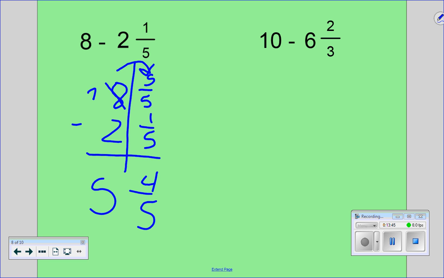The improper fraction way you could do, but there's quite a few steps to it because one of them doesn't even have a fraction with it. So I'm thinking this way would be the easiest way for you if you don't have a fraction with that first one. Do you want to try the second one by yourself? Why don't you try the second one by yourself and see if you can do it.